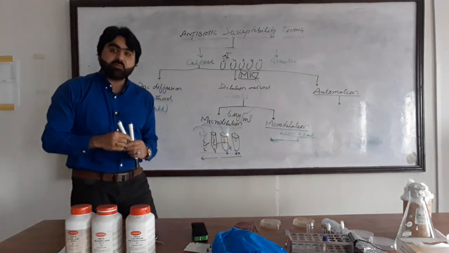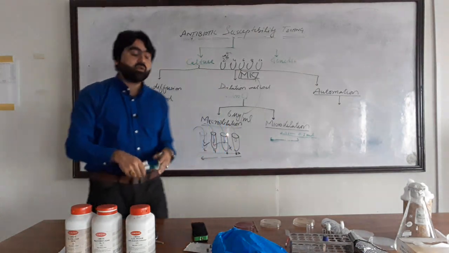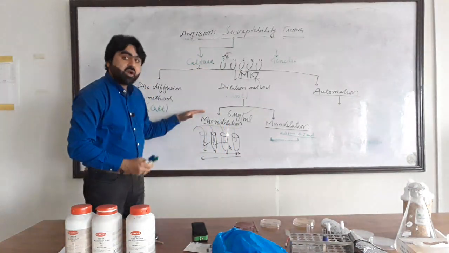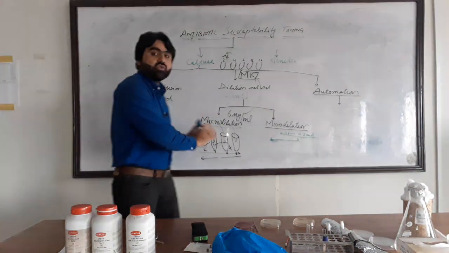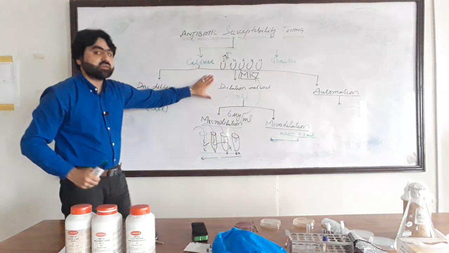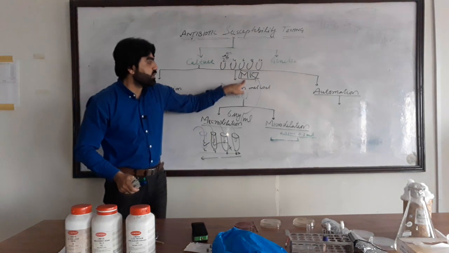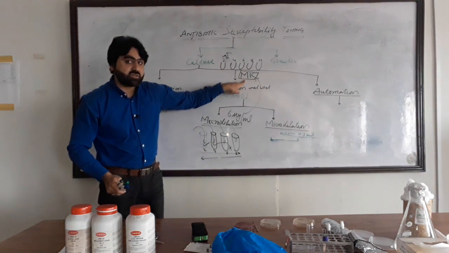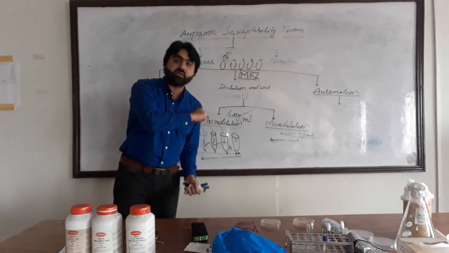Therefore, this type of dilution is known as microdilution. Otherwise, the basic concept is similar in both macro dilution and micro dilution. So, dilution methods are quantitative methods because we measure the minimal inhibitory concentration of a particular antibiotic against its respective pathogen.